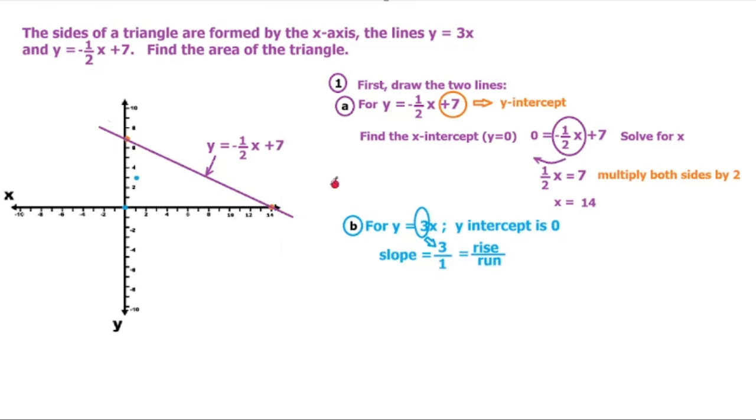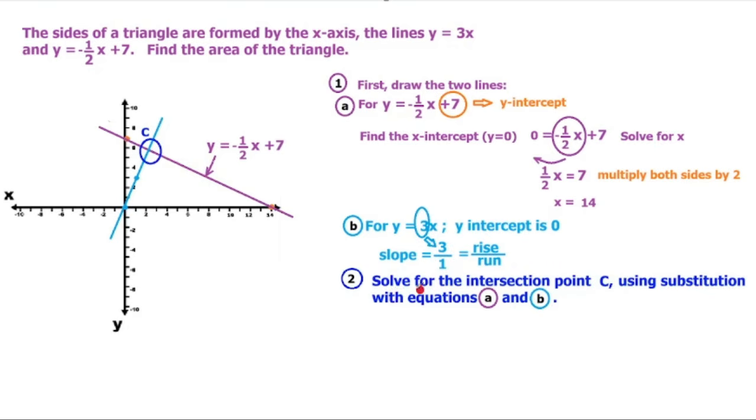So the rise is you go up 3 and you run across once, okay? You rise 3 and you run across once. So here's our point. And the y-intercept is 0, so our other point is here at 0, 0. So now we can draw the straight line for that. Okay, so you could see it's intersecting this line here.